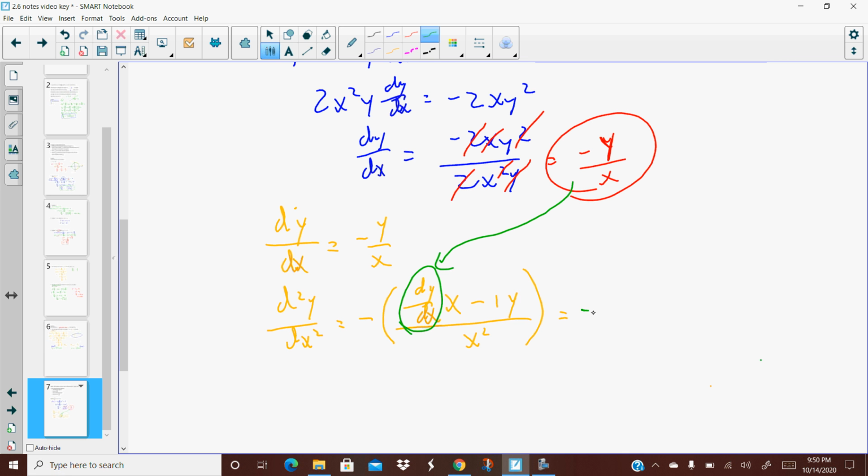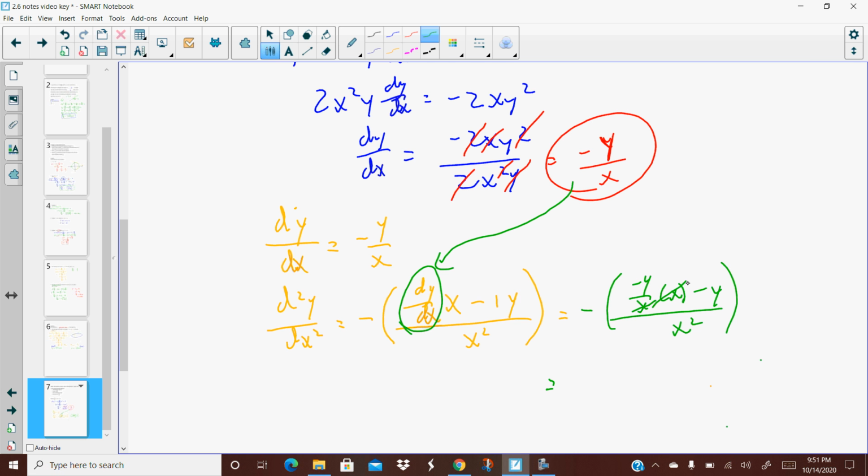So what we're going to get is negative y over x times x minus y over x squared. And then we can just multiply things through.